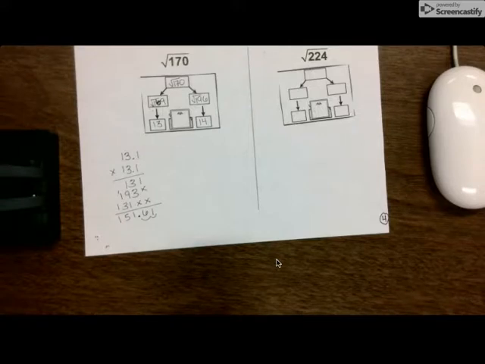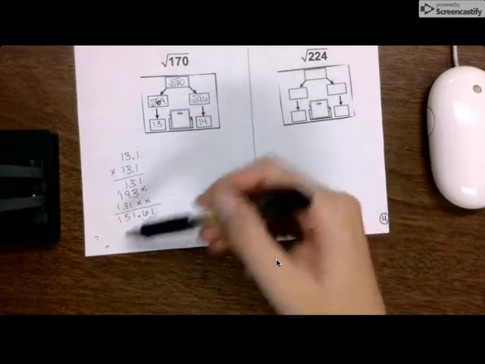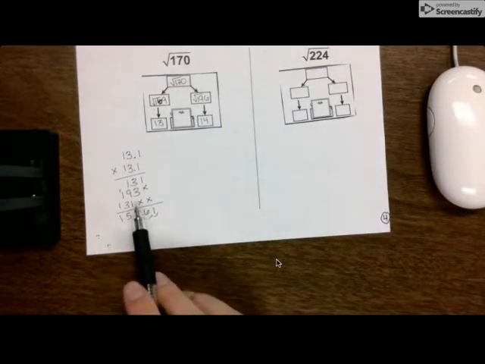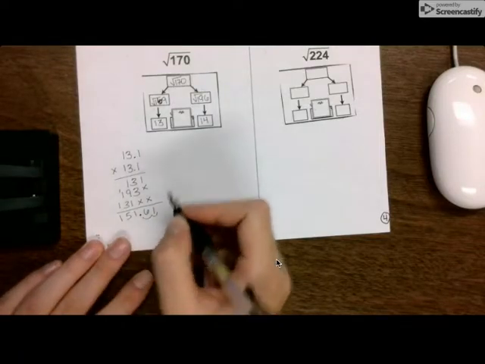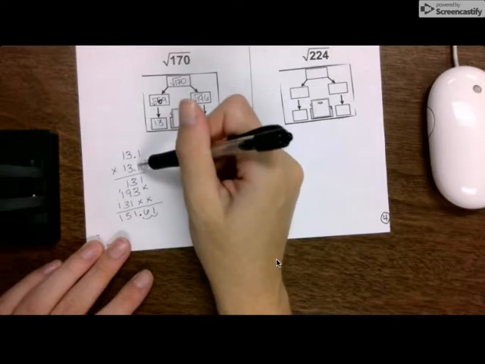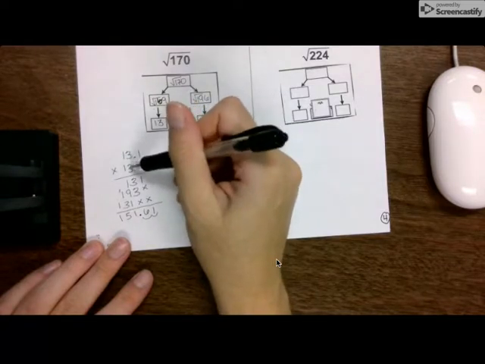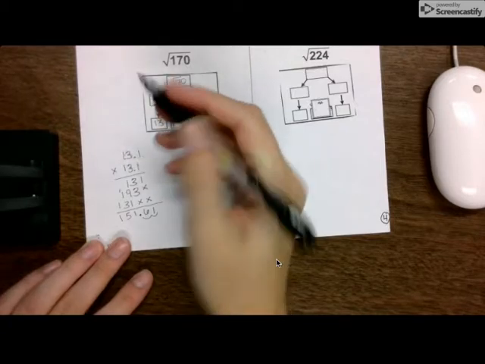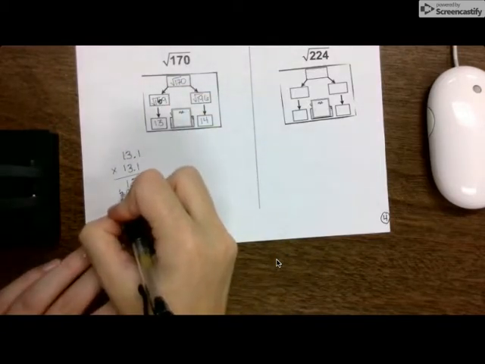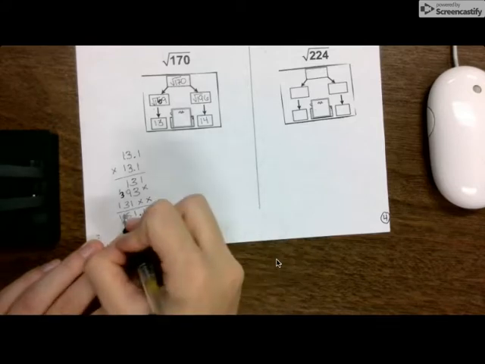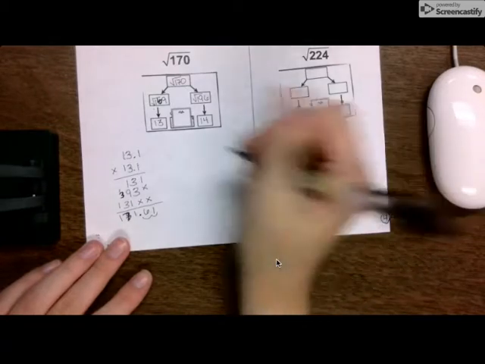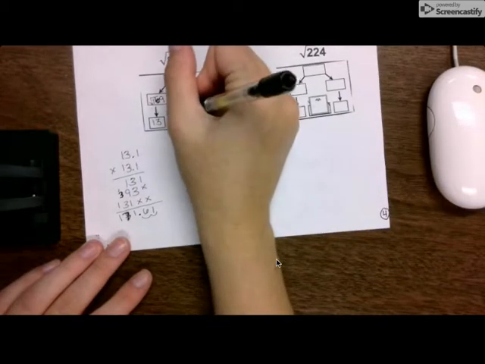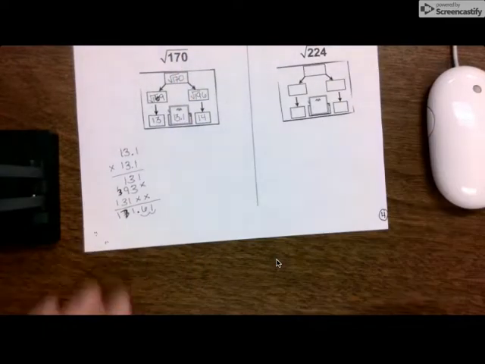Did I do adding wrong? I apparently added wrong. That's where I went wrong. All right, so this should be 171. I don't think we're going to get any closer to that. So in here, we're going to put 13.1.